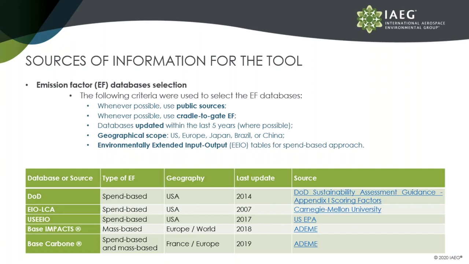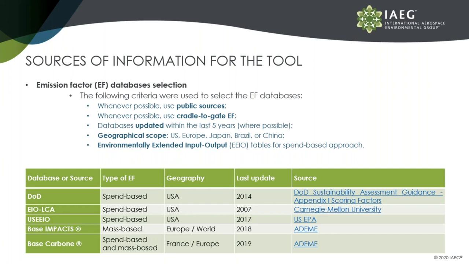We also wanted to make sure that we tried, to the extent possible, to get databases that were updated within the last 5 years. There are some sources of emission factors that were academic research projects or other kinds of projects that were perfectly good 10 years ago, but they haven't been updated. So we wanted to make sure, to the extent possible, we could find the most current, again, publicly available cradle to gate emission factors. We wanted to make sure we reflected the geographical scope of IAEG members, so it's the US, Europe, Japan, Brazil, or China.